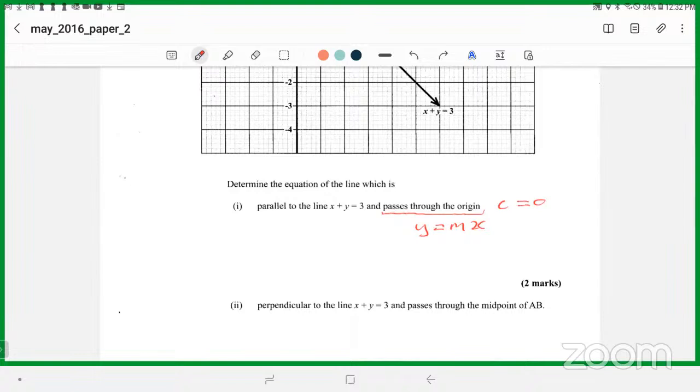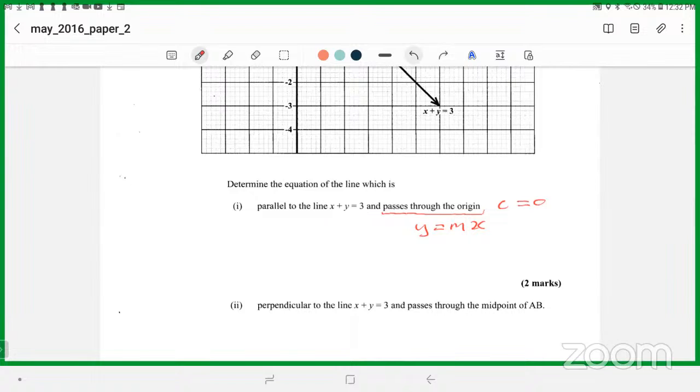Good. Now, they tell us the gradient by telling us that the line that we want over here that is passing through the origin is parallel to this line that they gave us. So if it is parallel to the line that they gave us, it means that it has the same gradient as this line. So what is the gradient of this line?